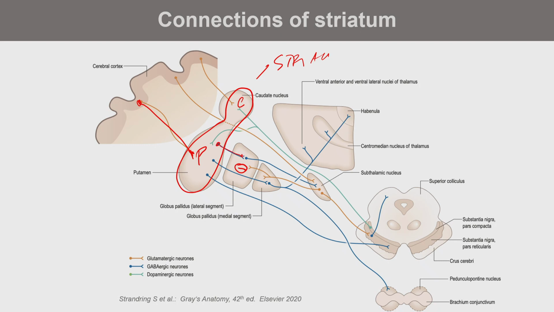It is a connection with the external pallidum, an interconnection to the second inhibitory. And this inhibitory pathway is decreasing the function of the subthalamic nucleus. And then the subthalamic nucleus has decreased function, so it's not able to stimulate much backwards the basal ganglia.